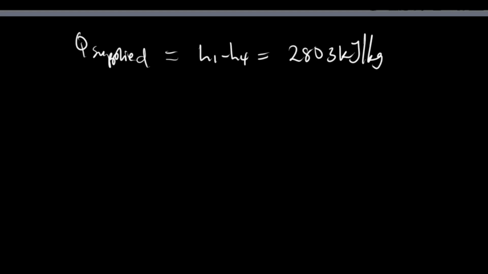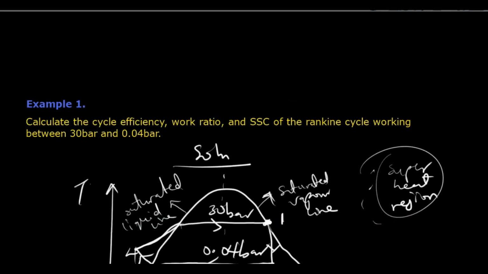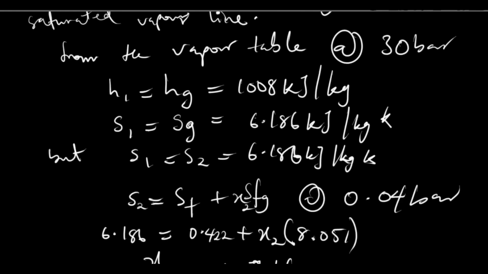Let's go back to our layer 2. Okay, now yes, at that point, our H1 was supposed to be Hg, but we took the value of Hf, so sorry about that. This is 2803. Yes, this is what it's supposed to be.